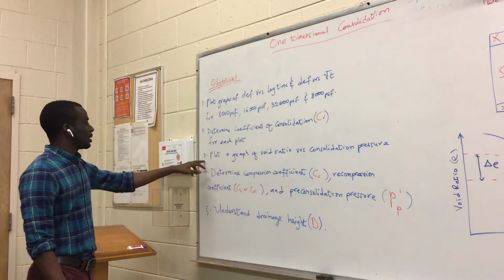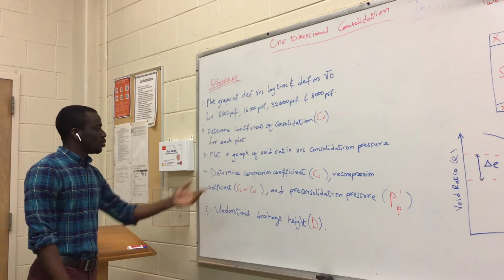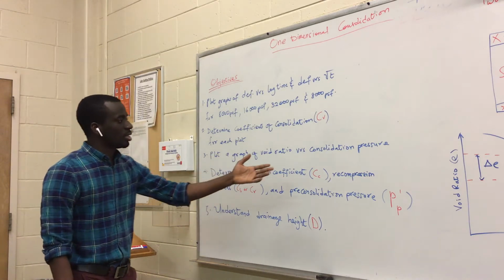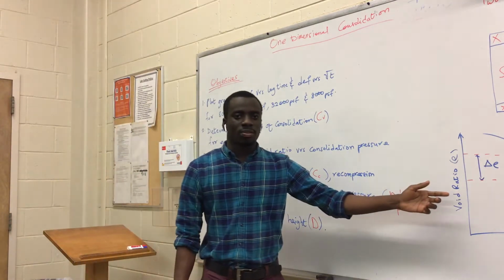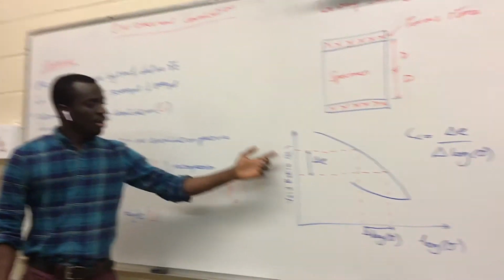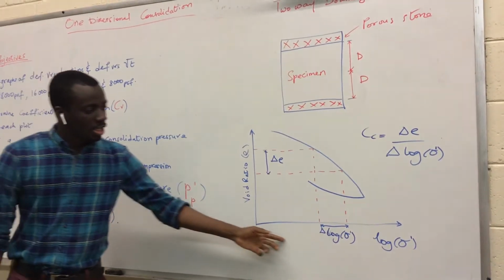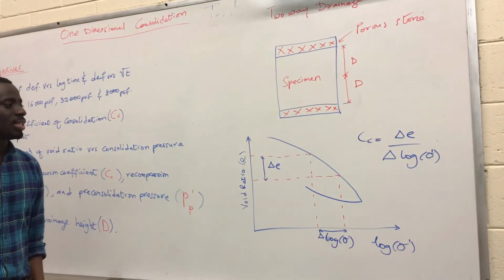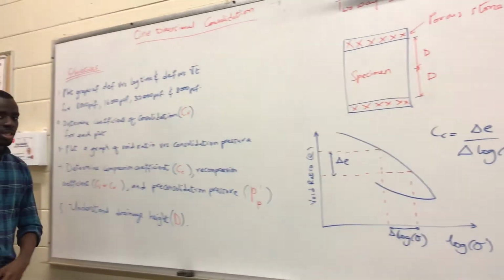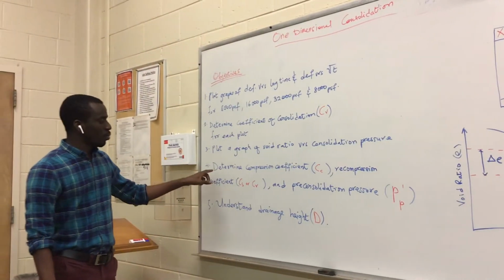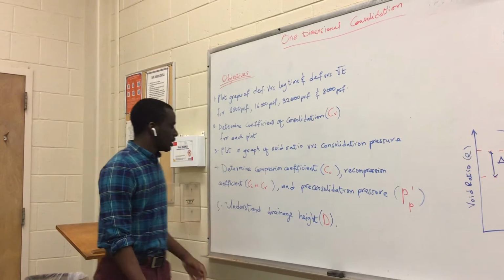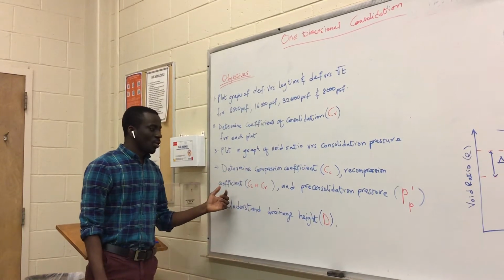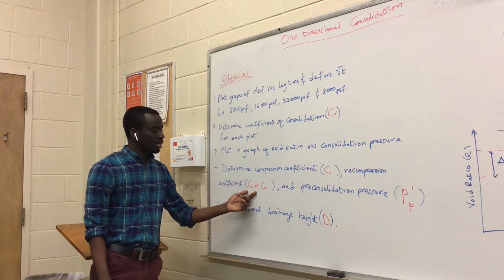Now, for the third point, that's to plot a graph of void ratio versus consolidation pressure. And as you can see on the left side over here, this graph of void ratio against the consolidation pressure helps us to estimate the various coefficients. That brings us to the fourth point, and those coefficients are the compression coefficient, that's the CC, the recompression coefficient, that's the CS or the CR.